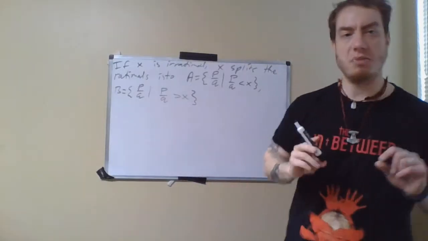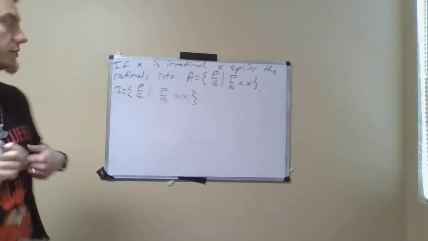And together, A and B are going to give me all rational numbers.